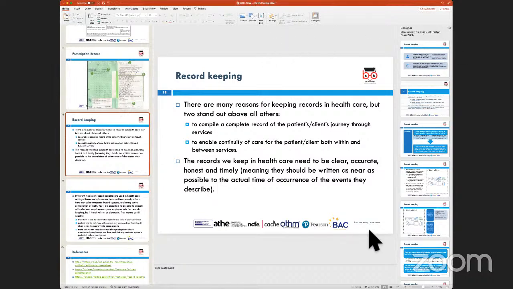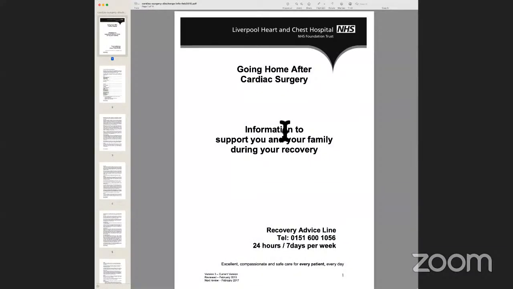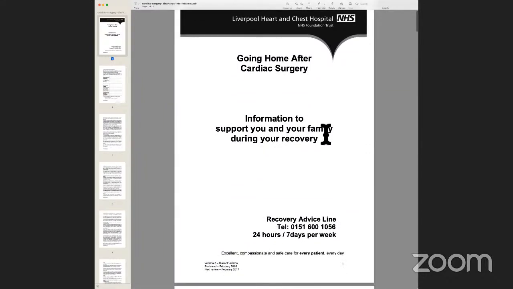Now in this case, if I just show you an example, say somebody's undergone a cardiac surgery, the hospital would then provide information on how to recover from the cardiac surgery.